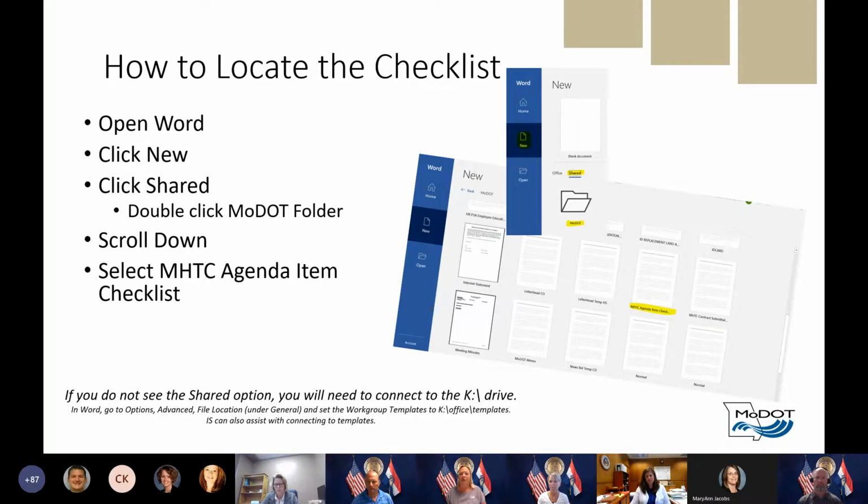So it is important to go out there and always get the most current checklist instead of one that may be saved on your desktop. If you do not see the Shared option, you will need to connect to your K drive, so you can go ask information systems for support and help if you don't have access to the templates drive.